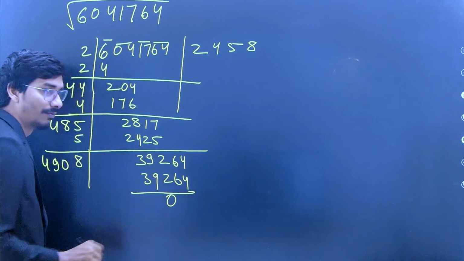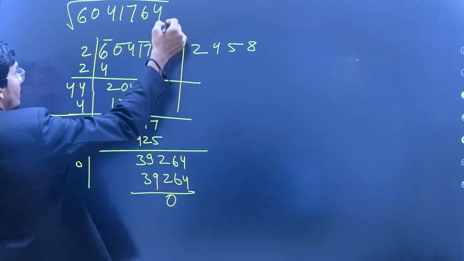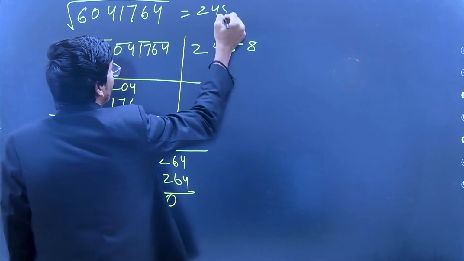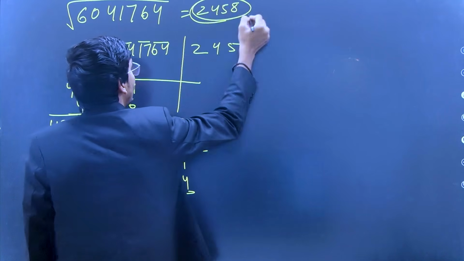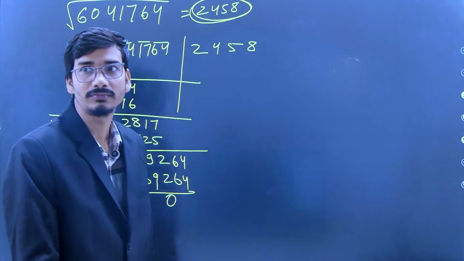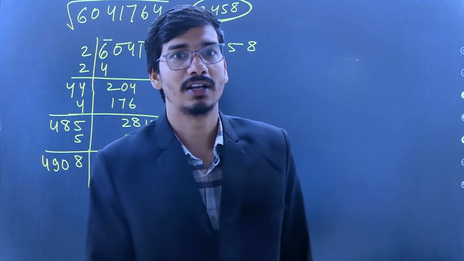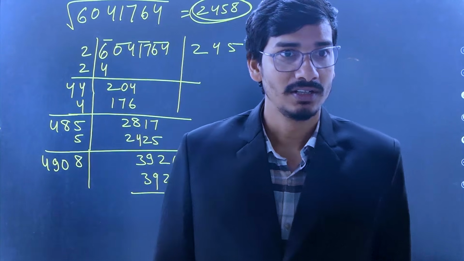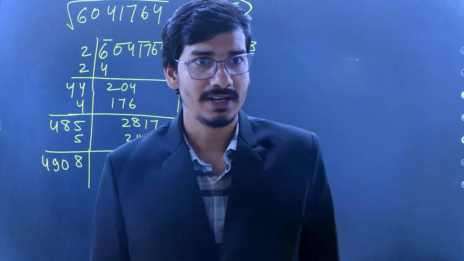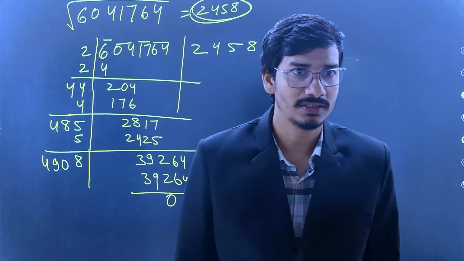This becomes 0. It means the square root of this quantity is 2458. Very good, beta. I think you all have done this question, so let's take the next problem.